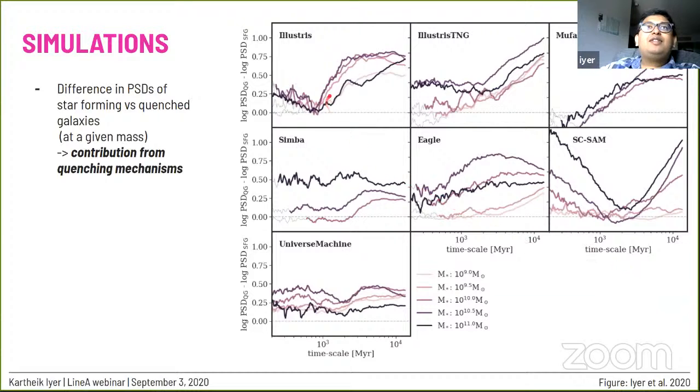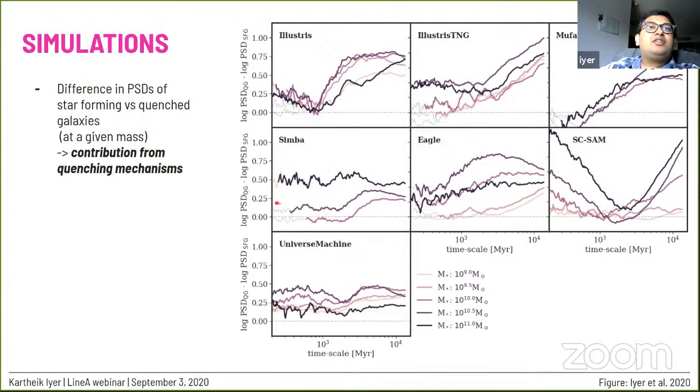The first thing we can do is repeat this analysis across many different models. When we do this, we see that the excess power due to the physical processes that are causing quenching in these different simulations looks quite different in nature across the different models. In some, there is a strong mass dependence. In others, there's a relatively weaker mass dependence.